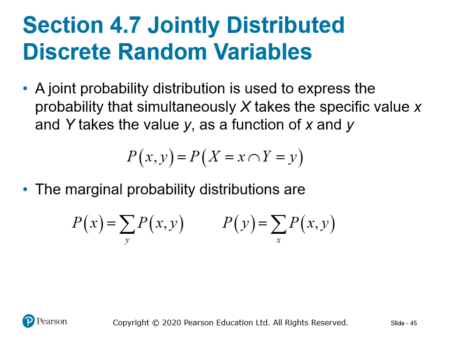The marginal probability distributions, which come from the joint, P of x is going to be the summation of the probability of x and y over all of the y's, and P of y is going to be the probability of x and y over all of the x's. Right?